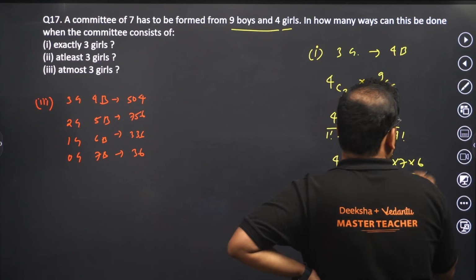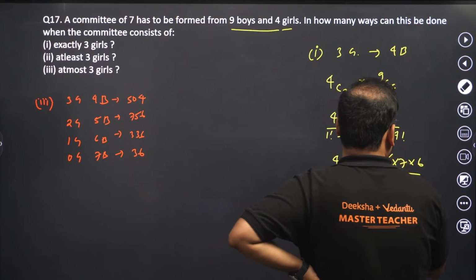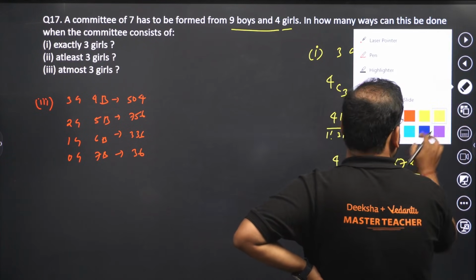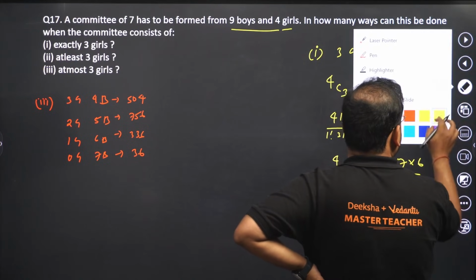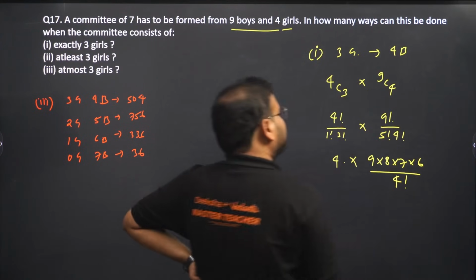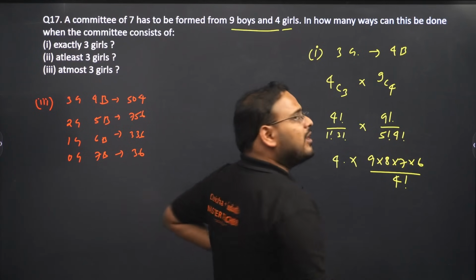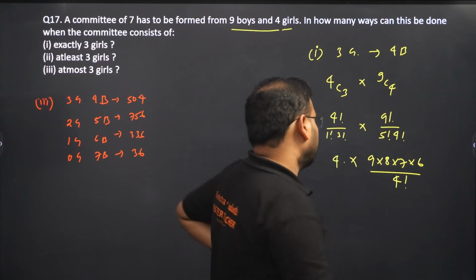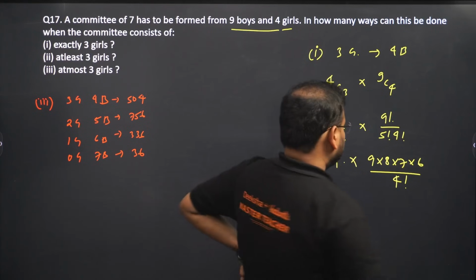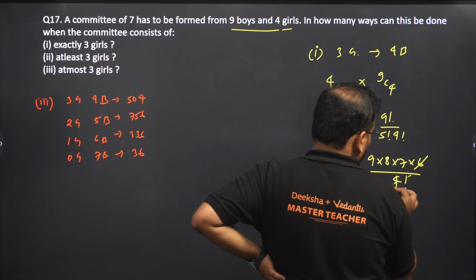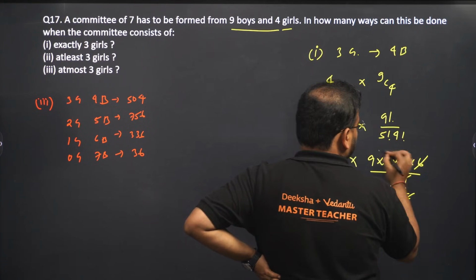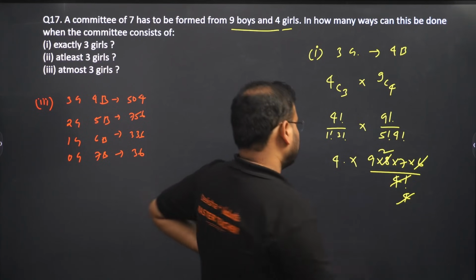My bad guys, this is not 4, this is 4 factorial. So 4 factorial will be 4, 3, 12, and 2, so 24. We can write this with 4 and this with 2. Now it's making sense.